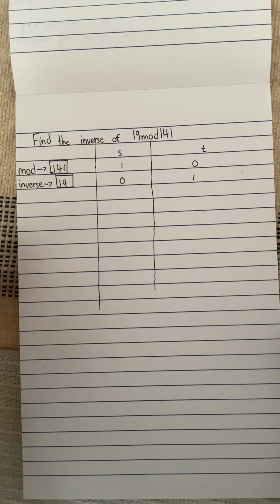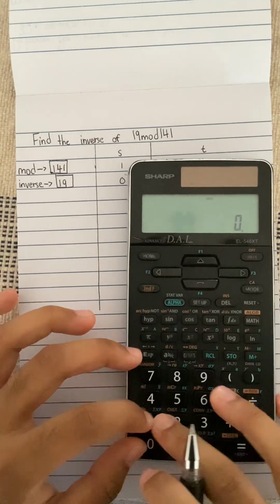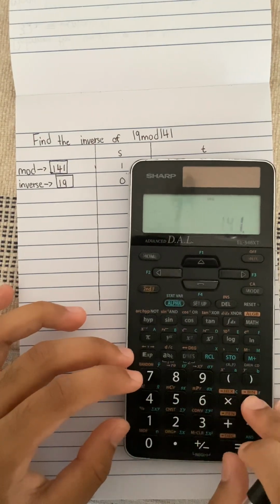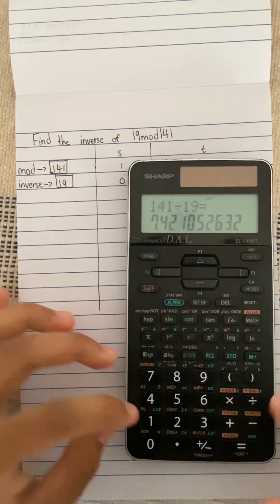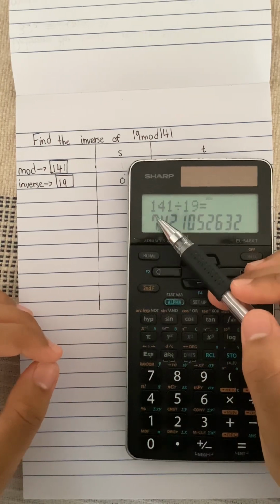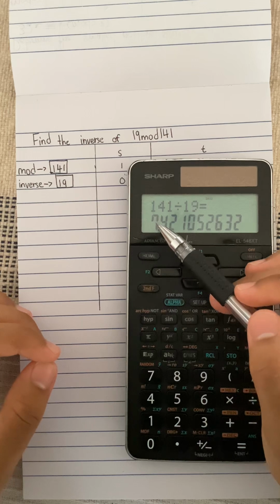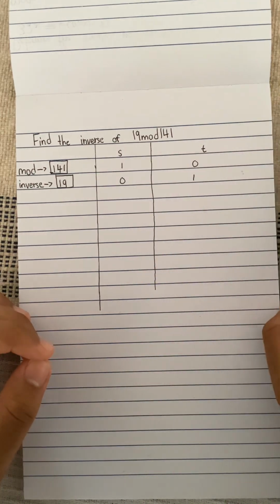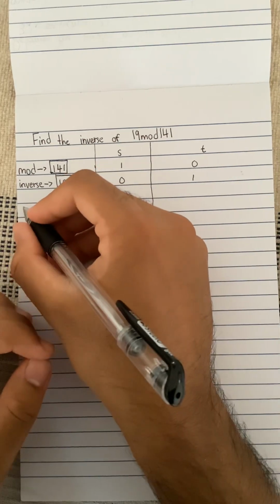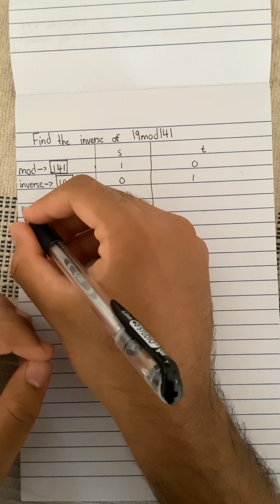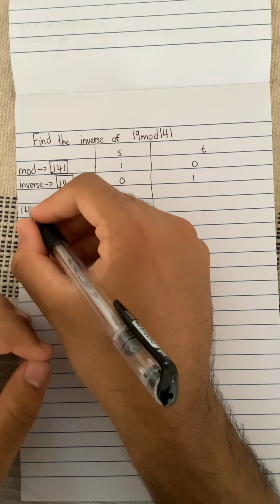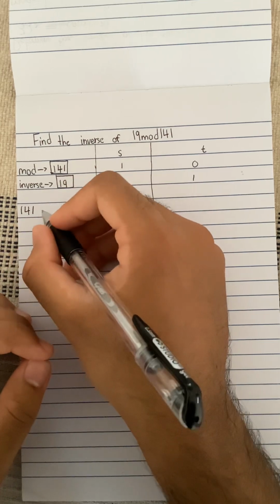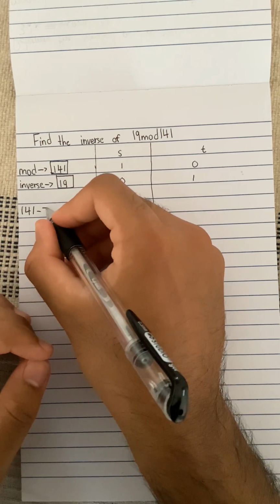Faster way to do this, you can just use the calculator. 141 divided by 19. You can see that as a whole number, you can get 7. That's going to be represented as a negative integer. So the first thing you're going to put is 141. Then you're going to put -7, which is our whole number.